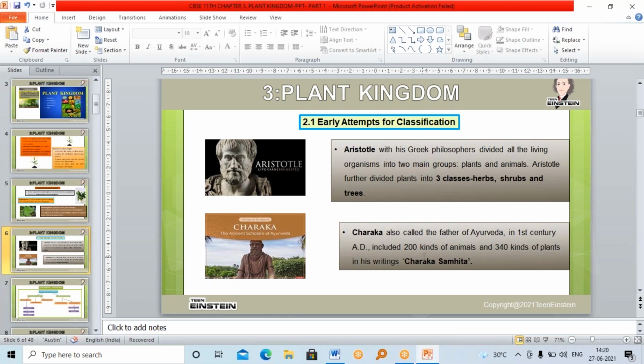And he included all this in his writing, Charaka Samhita. Note down, Charaka is called the father of Ayurveda, and in his classification he included 200 kinds of animals and 340 kinds of plants, and in his writings he mentioned all these things in which one? Charaka Samhita.